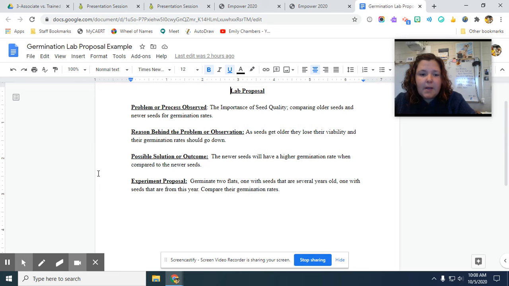Reason behind the problem or observation: as seeds get older, they lose their viability and their germination rates should go down. Possible solution or outcome: the newer seeds will have a higher germination rate when compared to the older seeds. Experiment proposal: I will germinate two flats, one with seeds that are several years old, one with seeds from this year, and compare their germination rates. Pretty simple, just outlining what your proposal is.